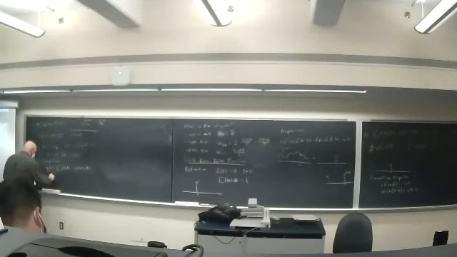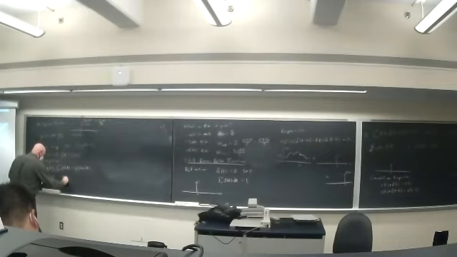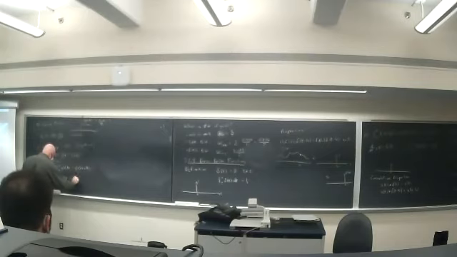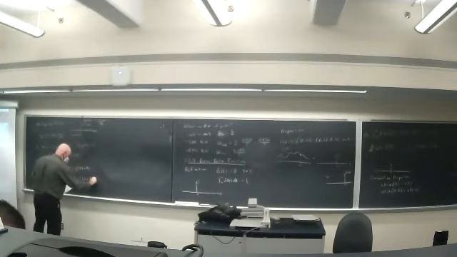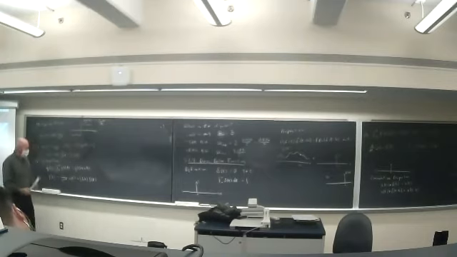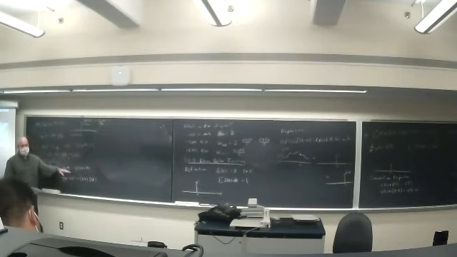So we show that Y of f is equal to 1 over j 2 pi f times G of f plus 1/2 G of 0 delta of f. There's an impulse at f equal to 0 if g of t has a DC part, if g of t has a DC offset.